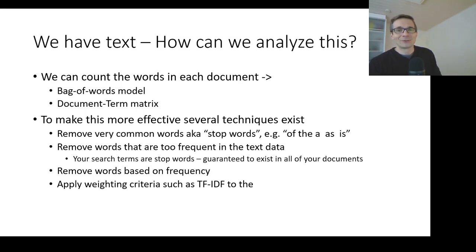Then in the set of documents you have, those terms will automatically appear. Therefore, they can and should be removed before proceeding with the analysis. Other common techniques are to remove words based on frequency or apply different weighting criteria such as TF-IDF weighting. Now, let's go back into the R and see how it looks.